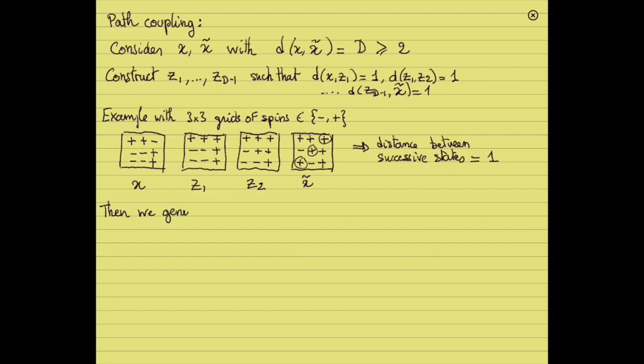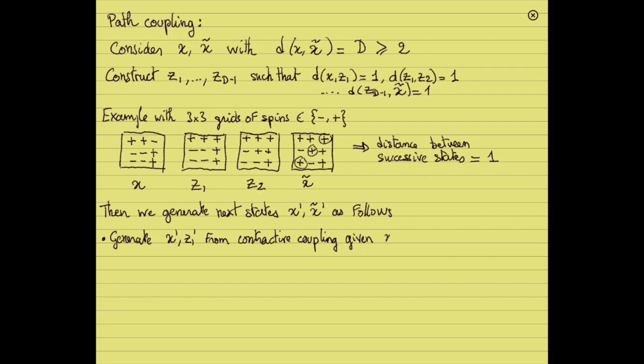So based on this sequence of states, we can generate X prime and X tilde prime at the next step. So this is doing one step of our Gibbs sampler here in the case of the Ising model, as follows. We generate them in a contractive coupling from adjacent states X and Z1 first. So we obtain X prime and Z prime 1. And we assume that we can find a contractive coupling to do that.